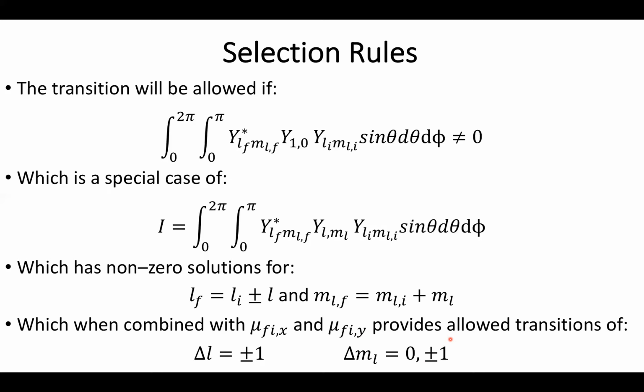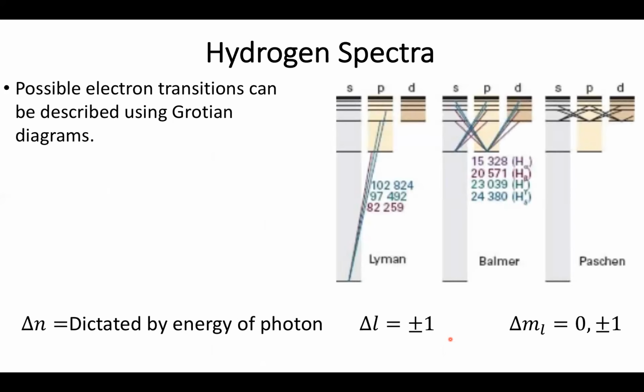So we can apply this back to the hydrogen spectra. We like to represent this visually using a Grotrian diagram, which is more or less this fancy way of drawing out the possible S, P, and D subshells you can occupy, and what transitions are going to be possible between them.